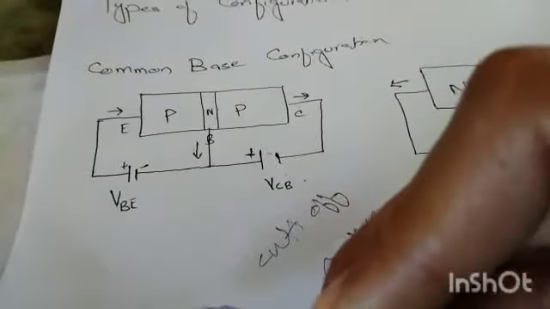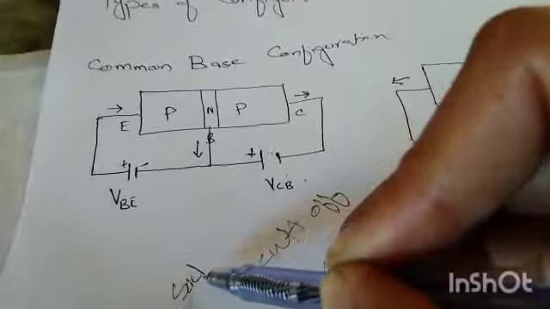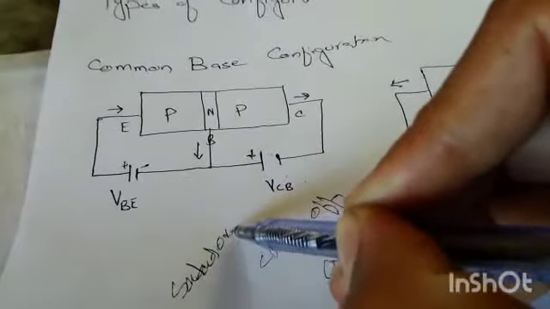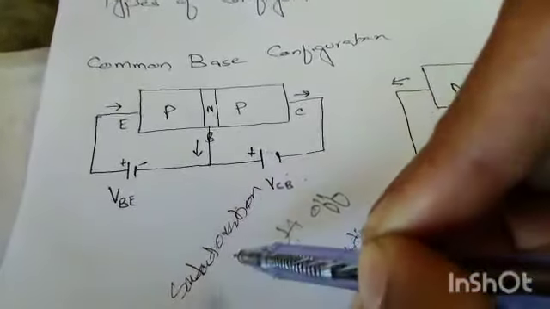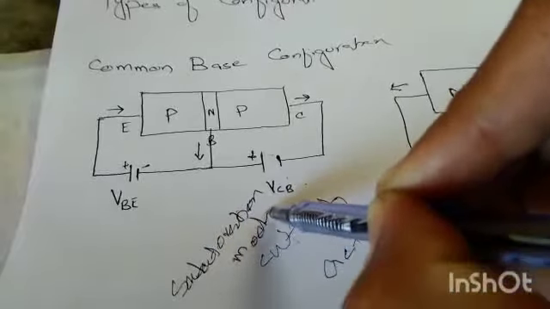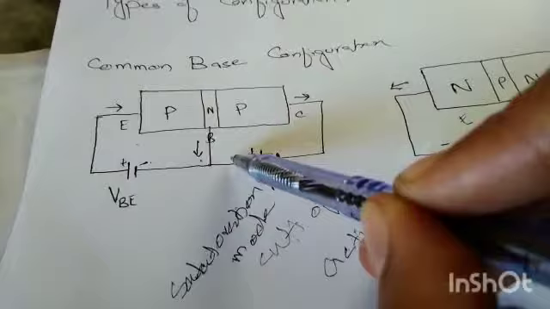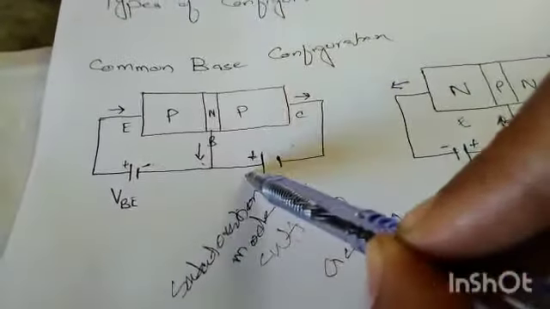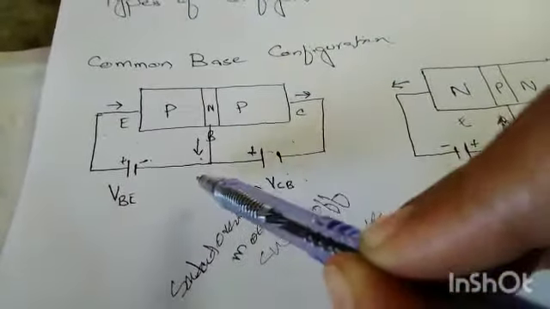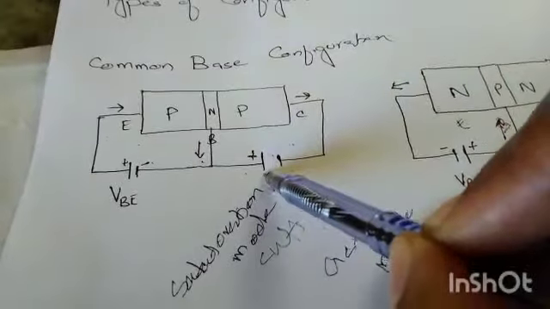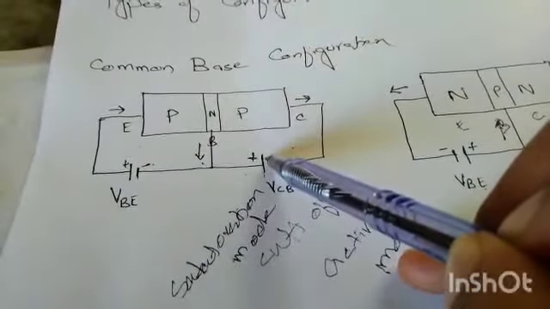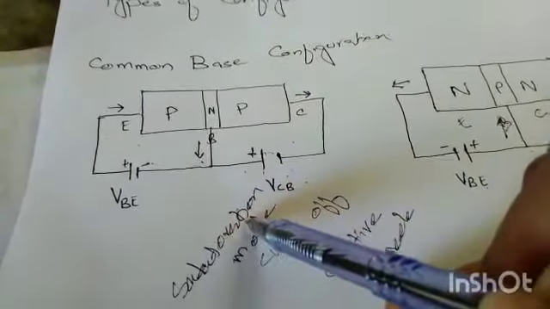And the third configuration you call the saturation mode. What is saturation mode? Saturation mode is a configuration in which both the emitter base junction, meaning the input circuit, as well as the collector base junction, meaning the output circuit, are forward biased. When both circuits are forward biased, you call it the saturation mode.